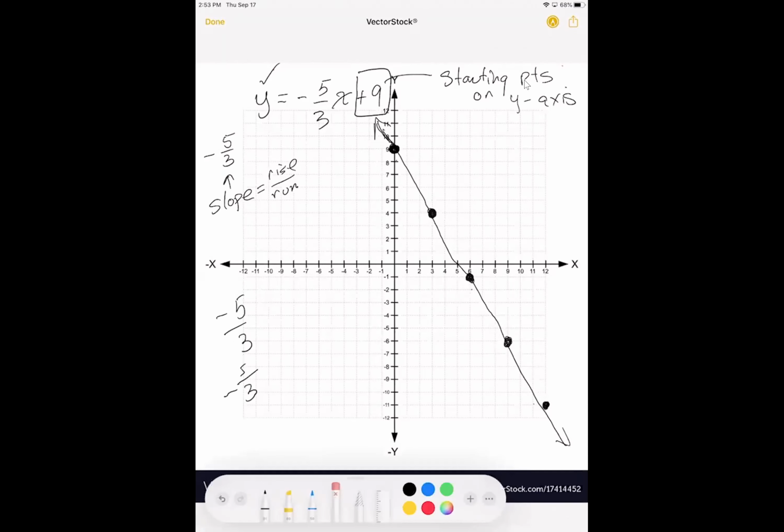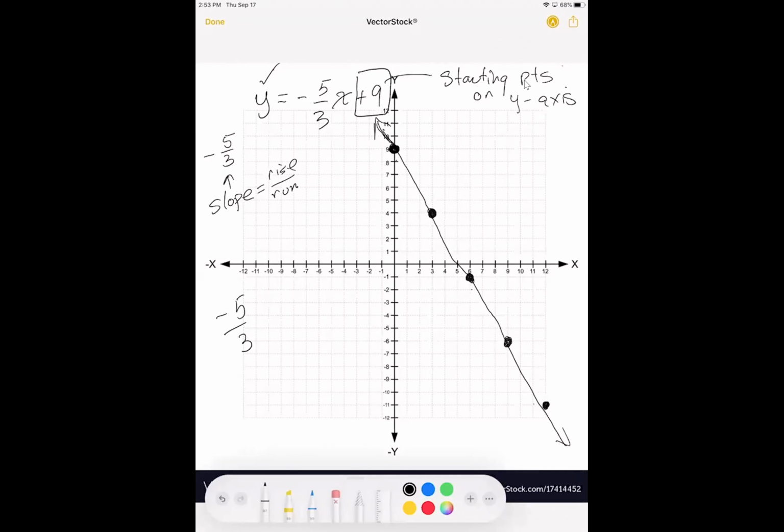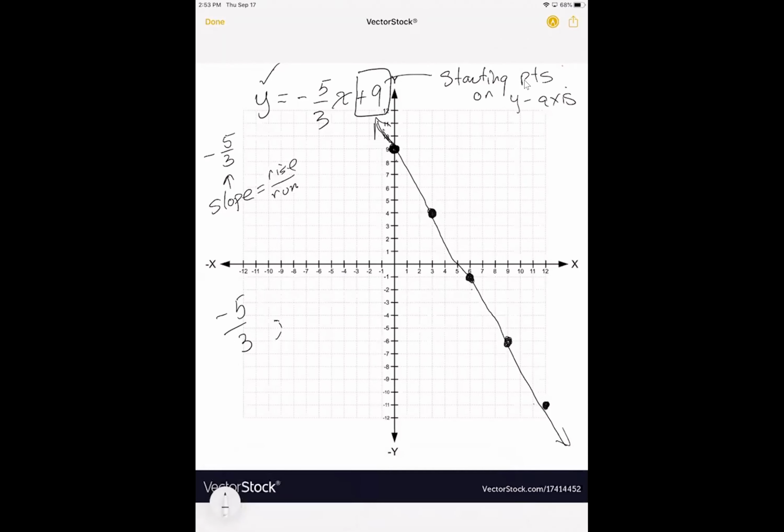Give me one second. So the book tells you that if we were to have a negative on the 5 and the 3, it tells you -5, go down to the right.